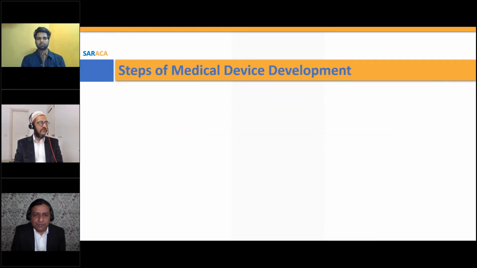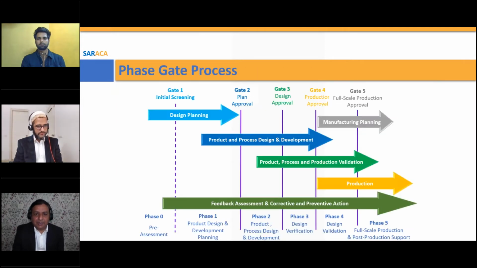Salman, in this slide, if I can add just a few sentences on this, I think this is a great slide which talks about five typical gates. But in the company you are working in, you might have a different naming of the gates, different nomenclature.